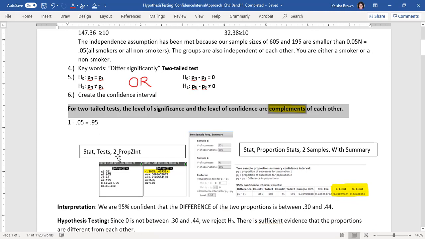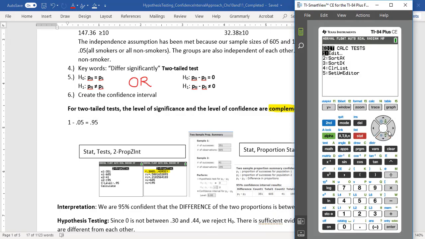So if you're a calculator person, you're going under stat, you're going under tests, you're going under 2-PropZInt, and I selected 1 and not 2. Then x sub 1 is whatever group they talked about first.